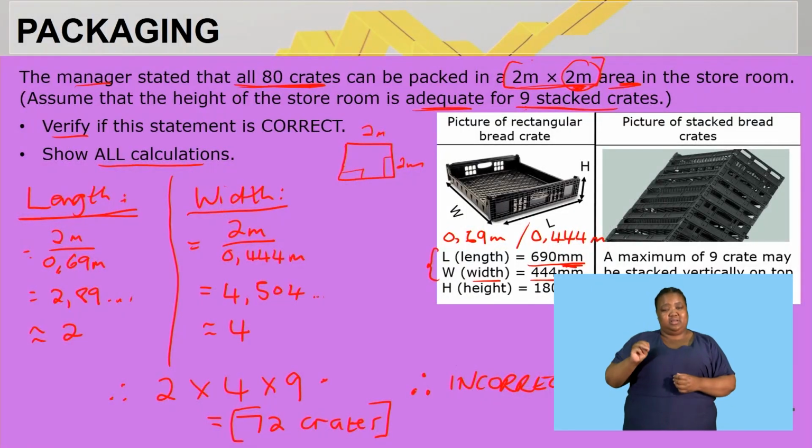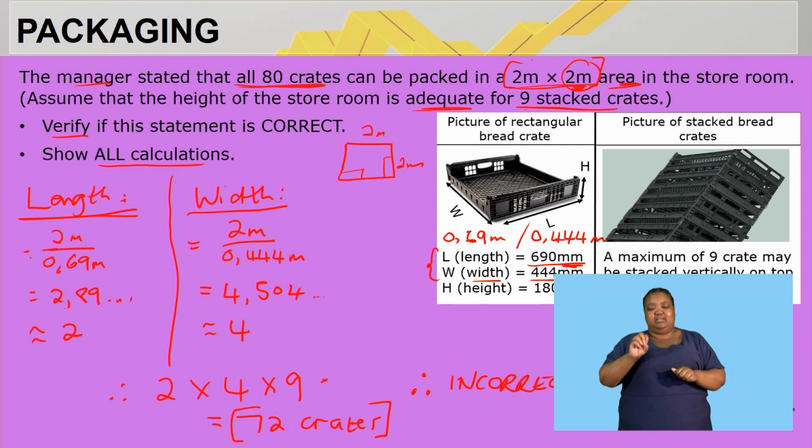Okay, so then I checked how many of these crates can be packed into the storeroom lengthwise. So I took the length of the storeroom, which is 2 meters. I divided it by the length of our crate, which is 0.69 meters, ended with an answer of 2.89. Okay, and then I rounded down to 2.